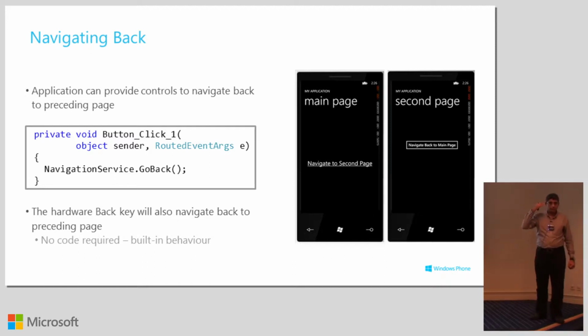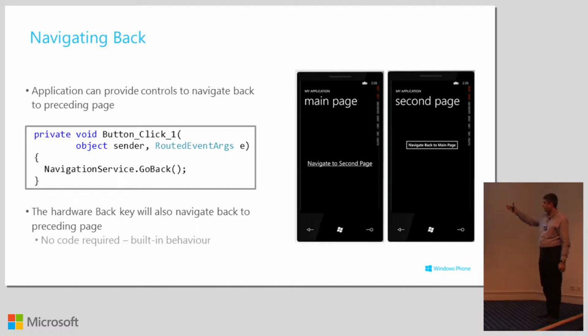Now, if you take this analogous to Internet Explorer, you have the back button on Internet Explorer, and that keeps a history of the pages that you have visited. Similarly, the navigation service has a history of the pages you have navigated. So as you move from one page to the other, it builds up the stack and it allows you to go back into that history.